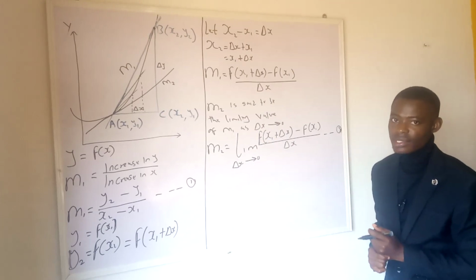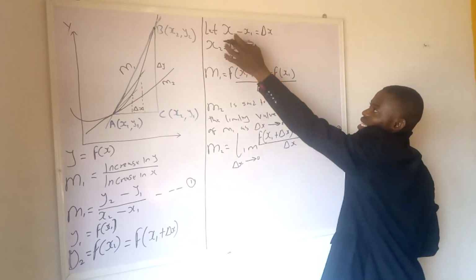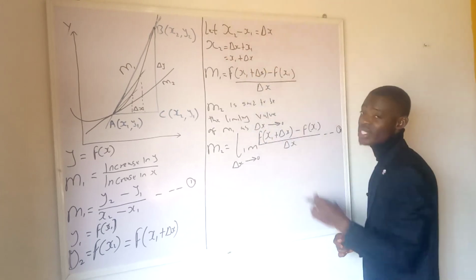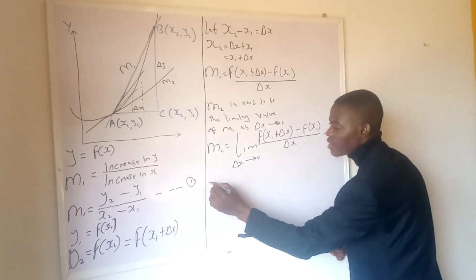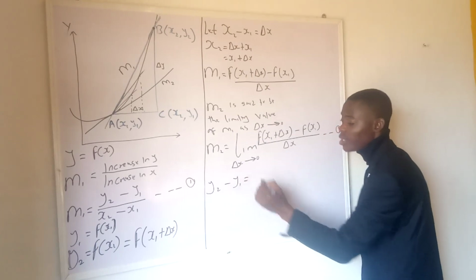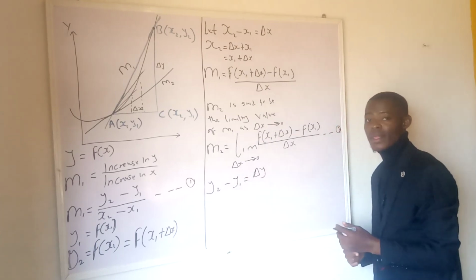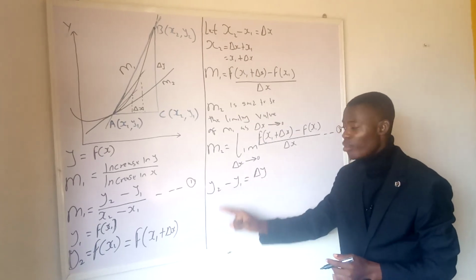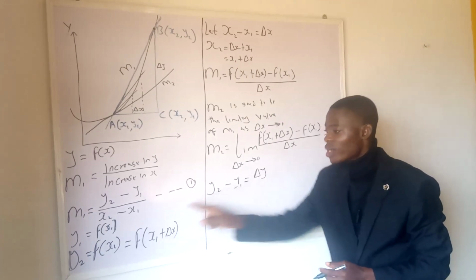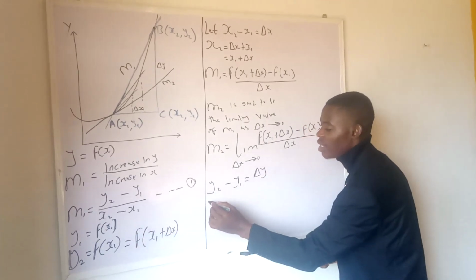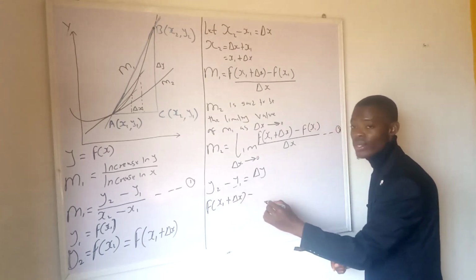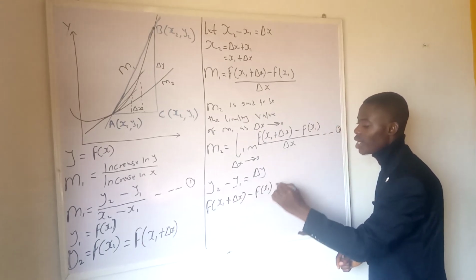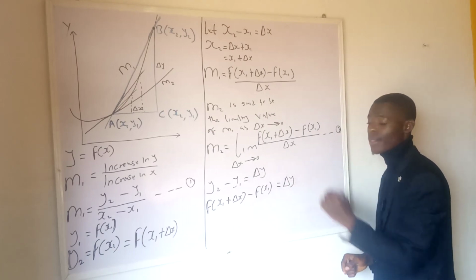Now that's not the end. Earlier we were able to say that x2 minus x1 is equal to delta x. Then this can be applicable to delta y as well, which implies that y2 minus y1 is also equal to delta y. But earlier, y2, as you can see on the board, is this, and y1 is this, which simply means that f of x1 plus delta x minus f of x1 is simply equal to delta y.